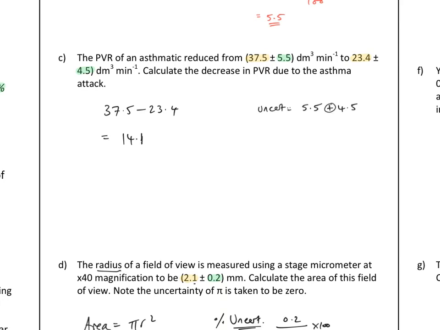So that's a plus, that's a minus, we add them together. So plus or minus 10. So a massive load of uncertainty in that value, decimeters cubed per minute. But yeah, nice and easy. Again, the thing to remember is you always add your uncertainties, even if you're subtracting your other values.